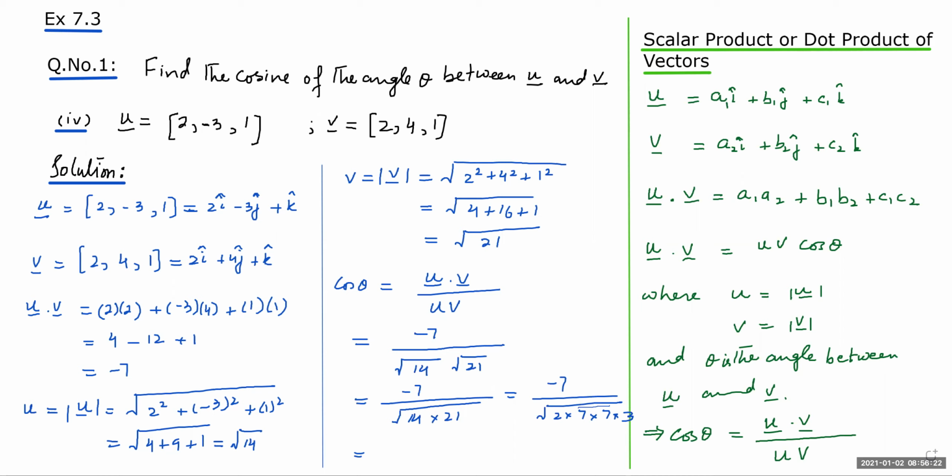So it can go outside the radical sign. So I get minus 7 by 7, and inside I have 2 multiplied by 3, so I'm writing it as 6. Now cancel this 7 and you will have your required result. Cos of theta is equal to minus 1 by square root of 6, and that is the answer.